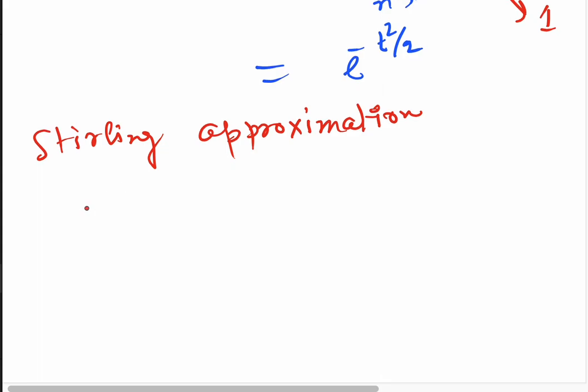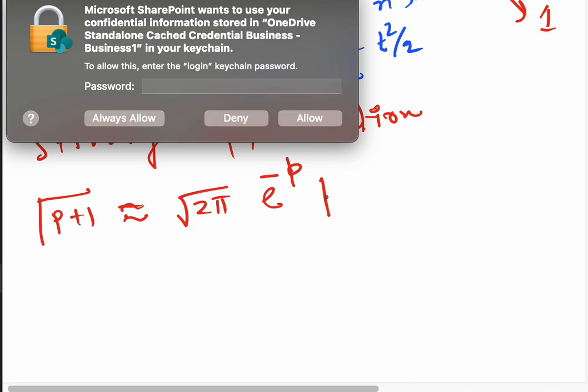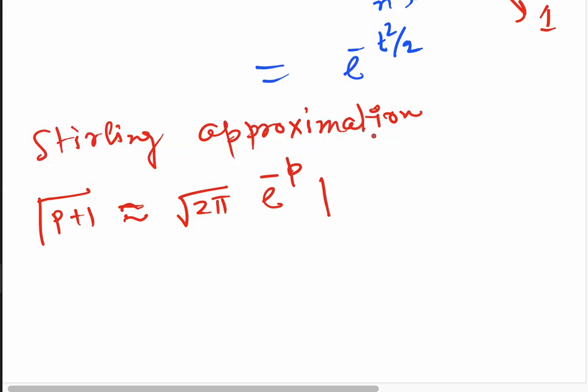We know that gamma(p plus 1), if p is large, will be approximated by root 2 pi e to the power minus p, times p to the power p plus 1 by 2.